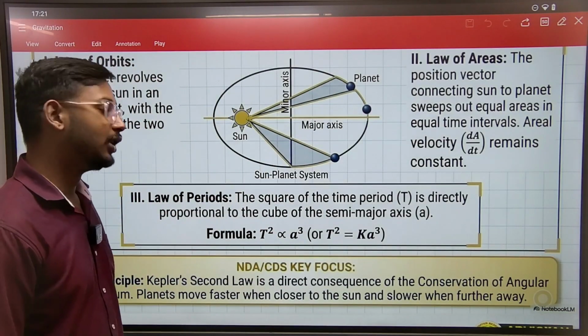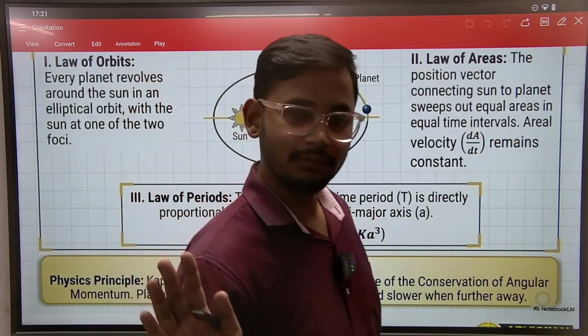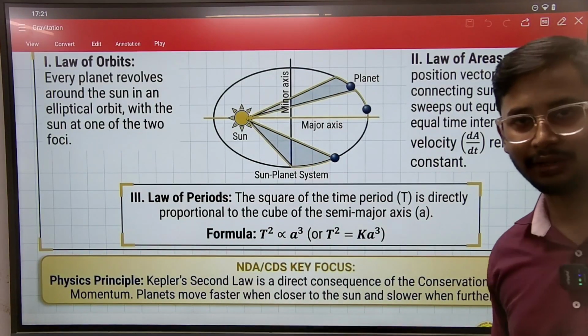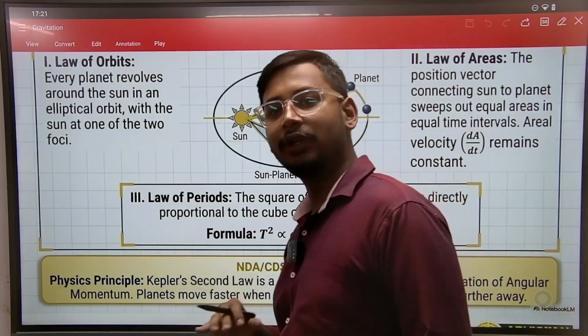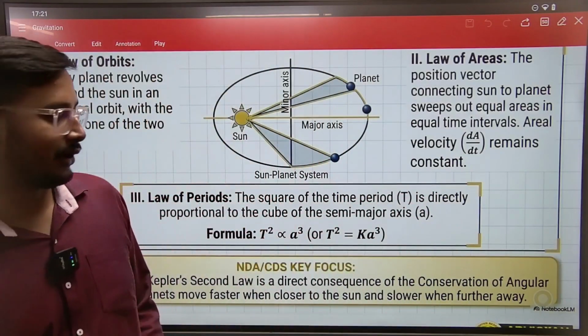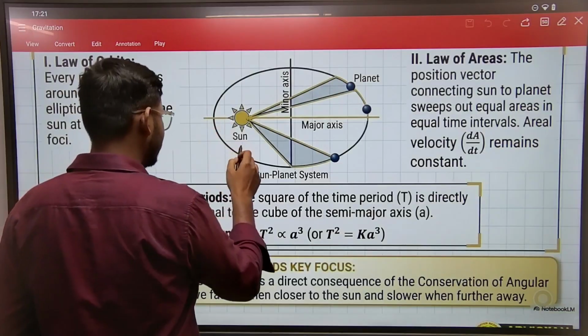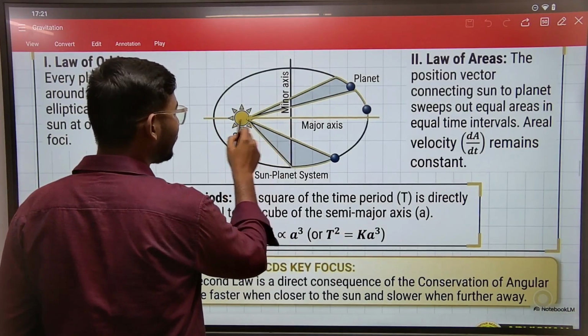Now third law is fully mathematical. फर्स्ट लॉ में मैथमेटिक्स यूज नहीं हुआ, सेकेंड लॉ में थोड़ा थोड़ा मैथमेटिक्स यूज हुआ, थर्ड लॉ इज फुल्ली मैथमेटिकल. ओके, सो आई टोल्ड यू this is the semi major axis.